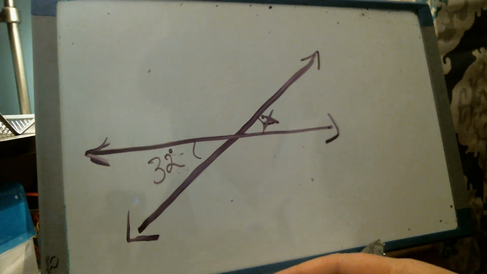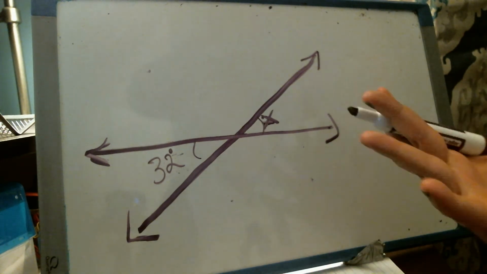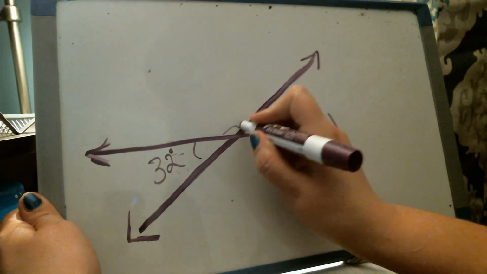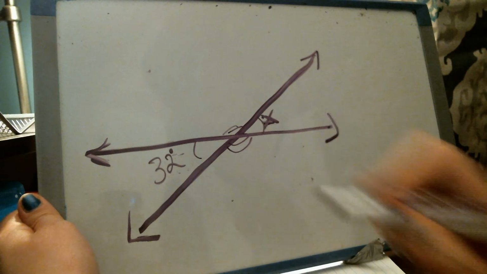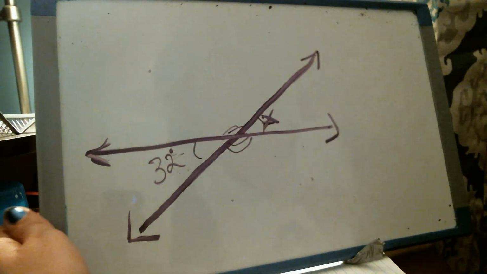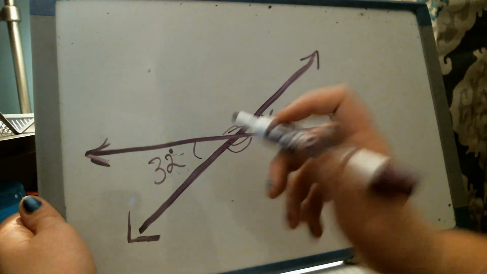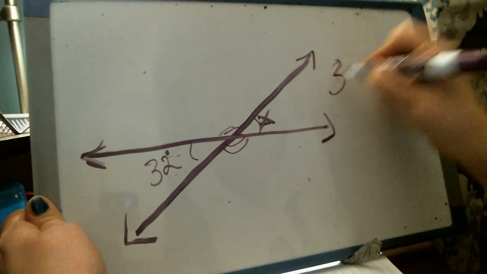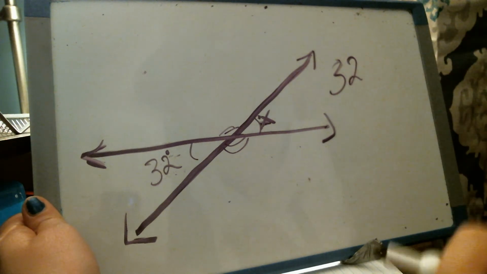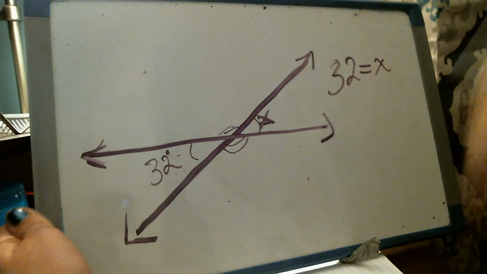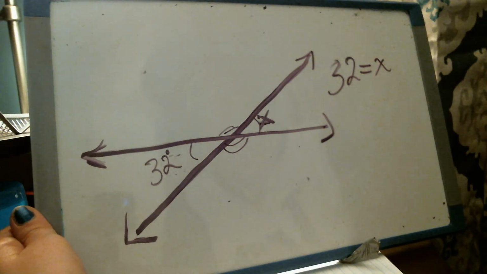And congruent is just a fancy math word for the exact same size. And then these two angles over here, those are also congruent. So these two are the same size and those two are the same size. All right, so looking at this, that means that 32, congruent means equal to, right? So equals x. Huh. No work to be done there.